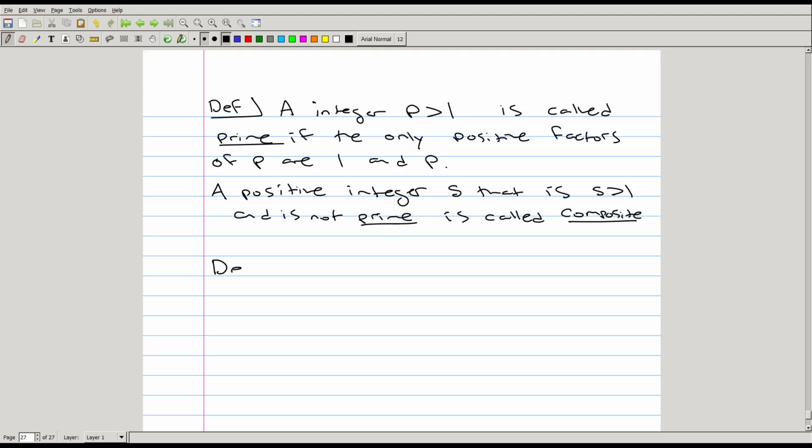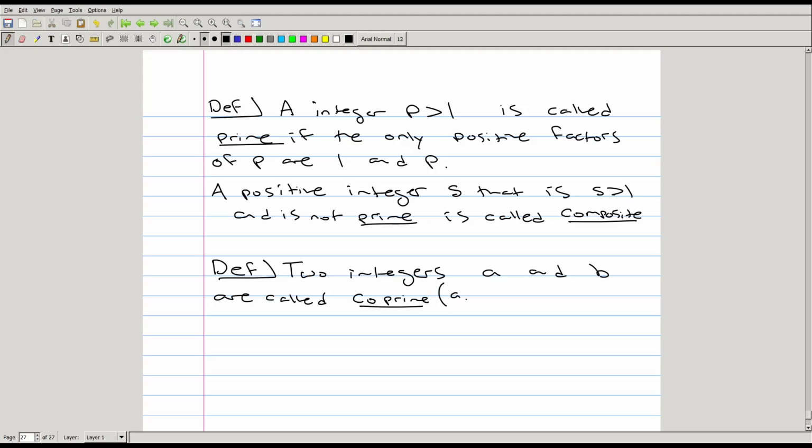And so for the definition of coprime, we have that two integers, a and b, are called coprime.